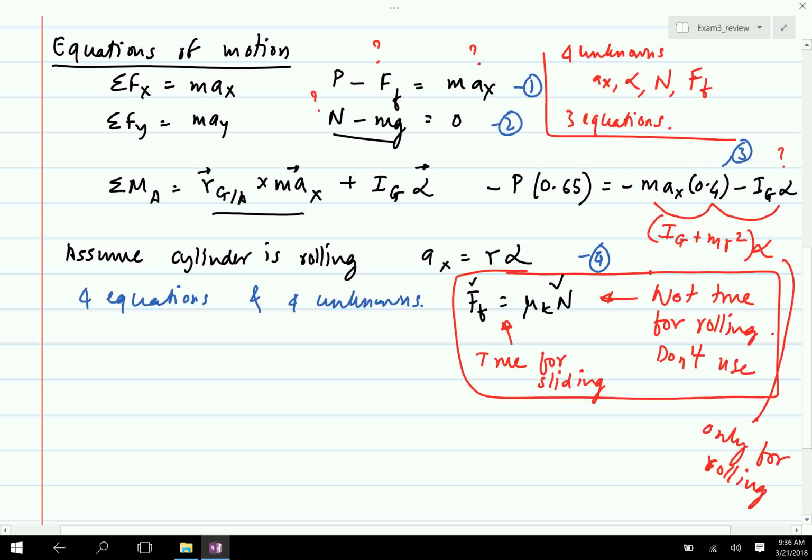So if you got confused with this, don't bother. There is a simplification you can do, but it's not worth it because if you get confused, very likely you get it wrong. Just keep it as it is and solve for it later. There's some trick you can play here by simplifying it, but don't worry about it if that confused you. So do not use that for sliding. Please don't use that.